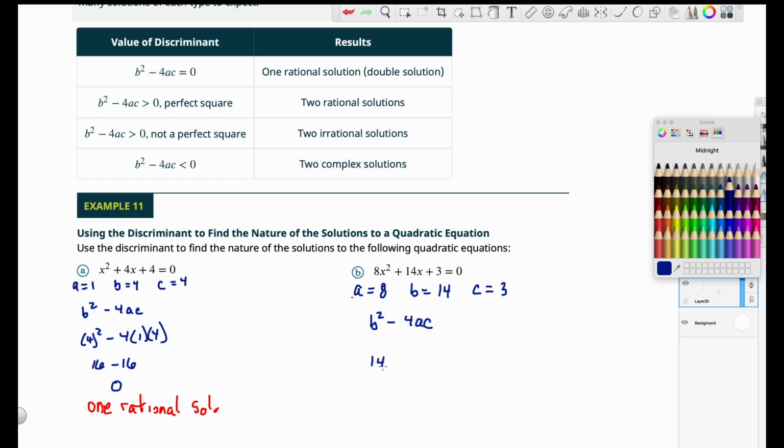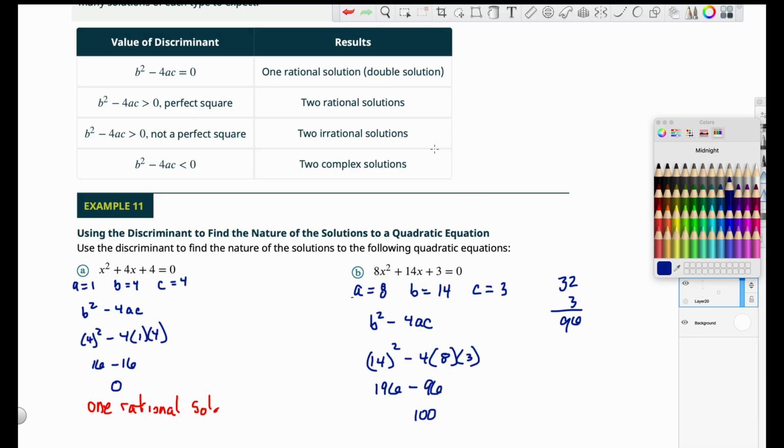And so we got 14 squared minus 4 times 8 times 3. 14 squared is 196 minus, 4 times 8 is 32, times 3 is 96. 196 minus 96 is 100.